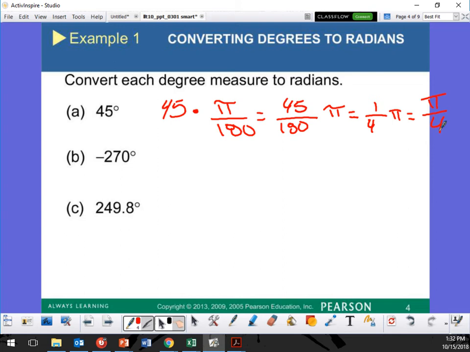Okay. Now, the next one. Same thing, converting. Negative 270 times pi over 180. So again, do the exact same thing you just did for that previous one.